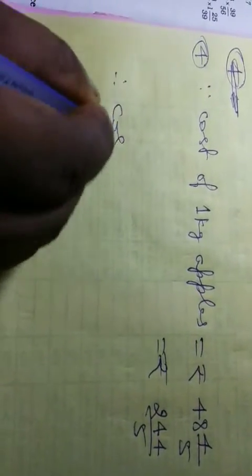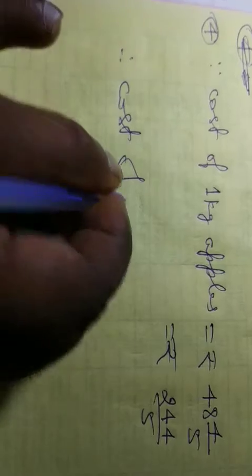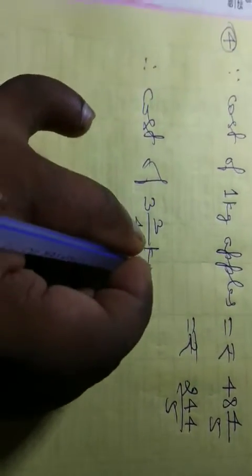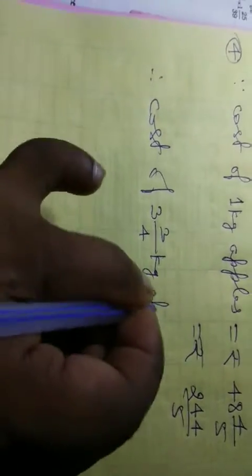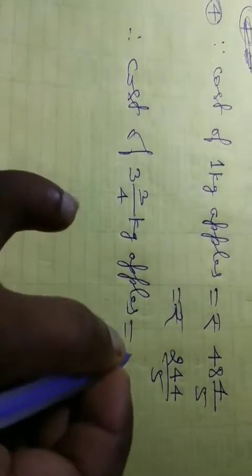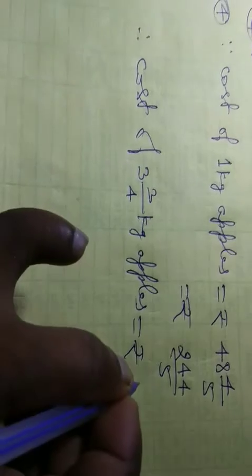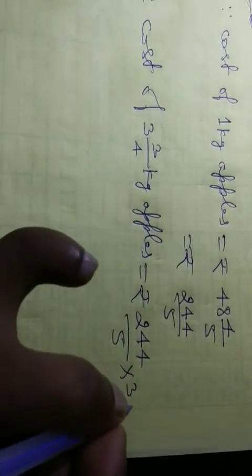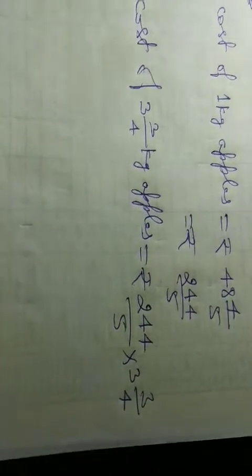Therefore, the cost of 3 whole 3 by 4 kilogram of apples is equal to rupees 244 by 5 into 3 whole 3 by 4.